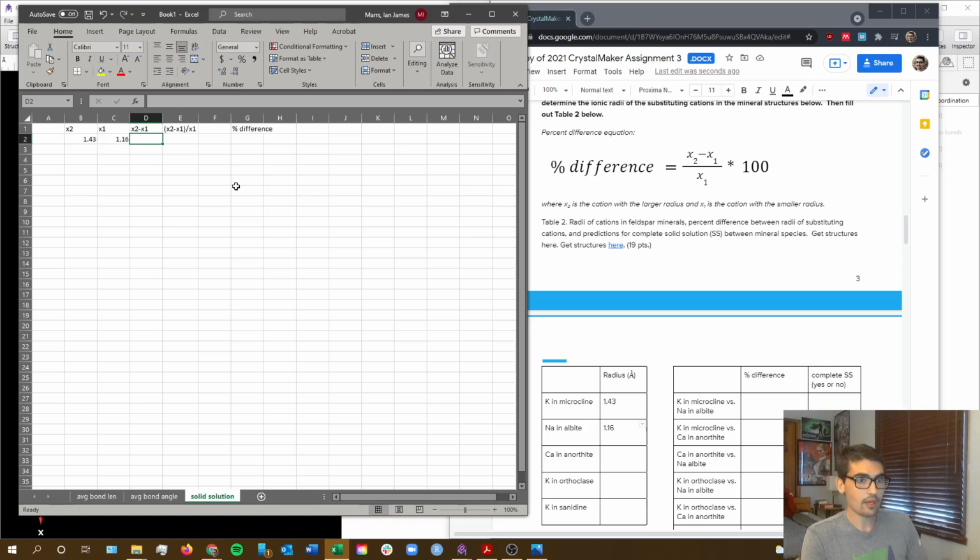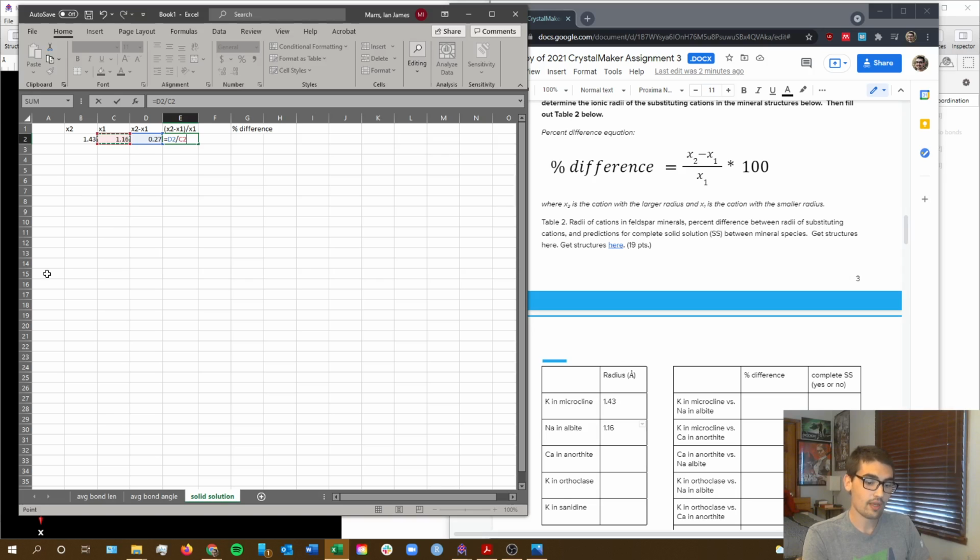Okay? Now we're going to subtract those two values. So we type the equal sign, move over to the x2 cell, subtraction sign, x1, hit enter, and then we're going to take that quantity, so I just typed equal sign and I've moved over one, so it's that quantity divided by, using the forward slash, I always forget which it is, the little slash next to shift, and then we're going to divide by x1.